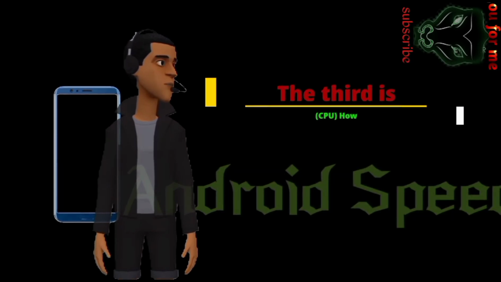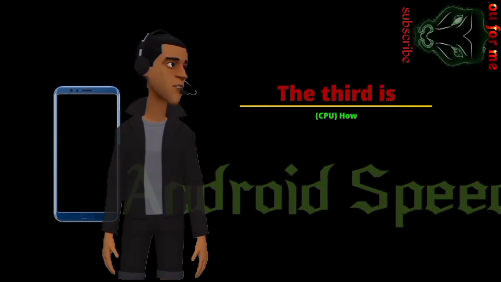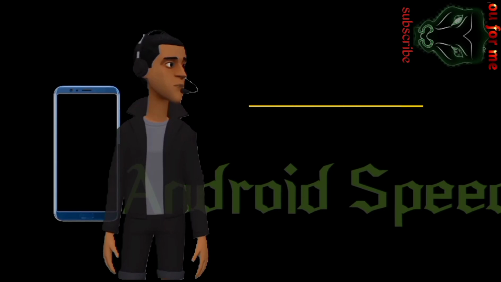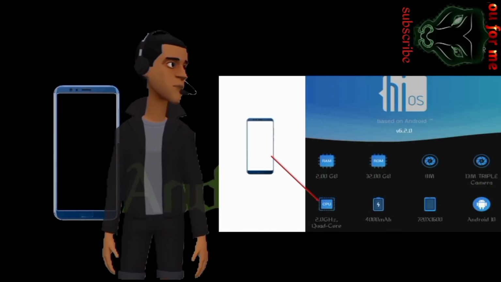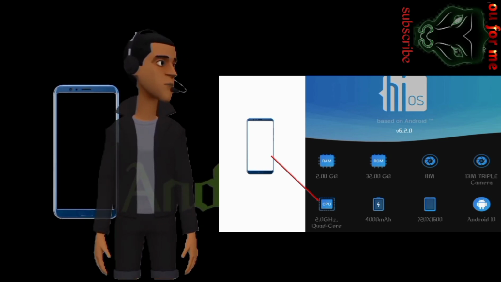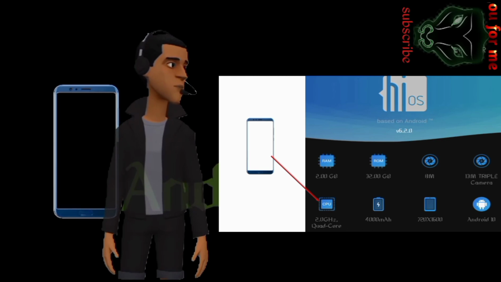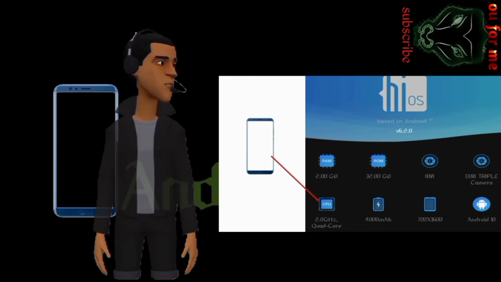The third is CPU. How? The CPU, which is the central processing unit, can slow Android speed in many ways. The bigger the CPU, the faster the Android speed.